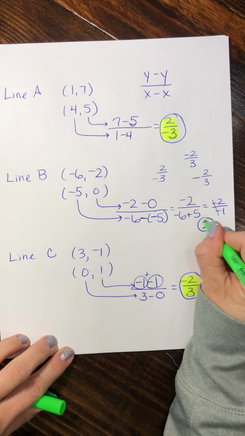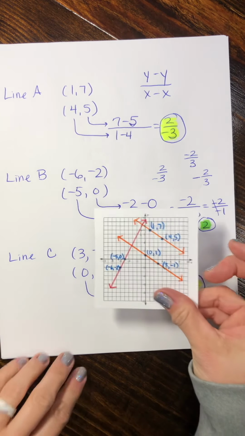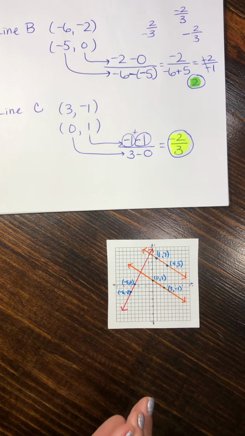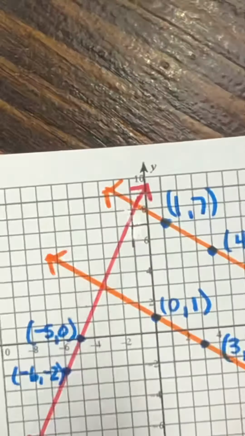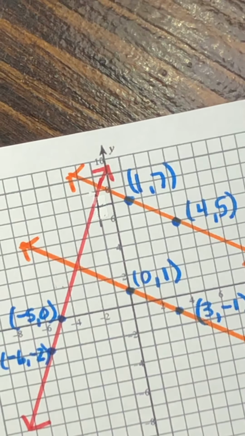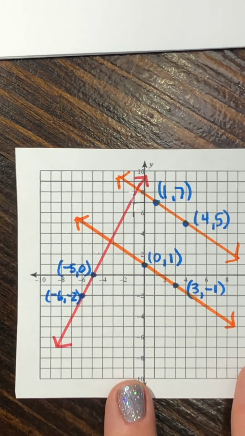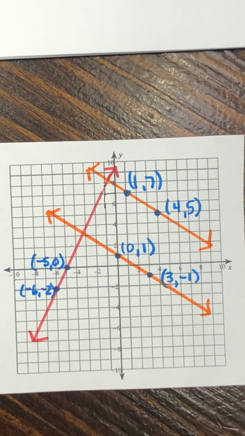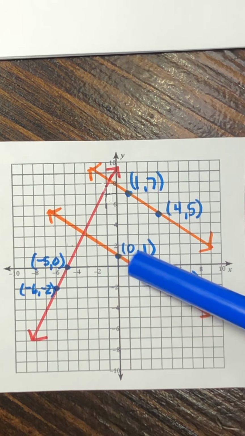So let's take these 3 lines and plot them on a piece of graph paper and see what we come up with. I heard you have them graphed here, so I want you to just kind of take a look at this and let's see if we can come up with a conclusion based on when lines have the same slope. So let me get this straight for you here, get the right amount of zoom. So as I'm looking at this line, I graphed the point 4, 5 here and 1, 7 here.